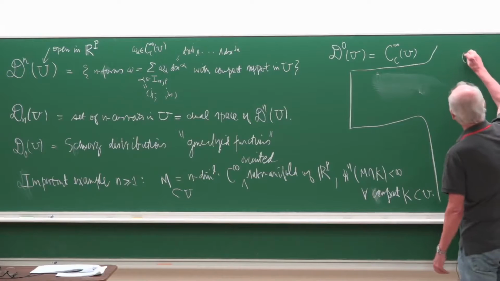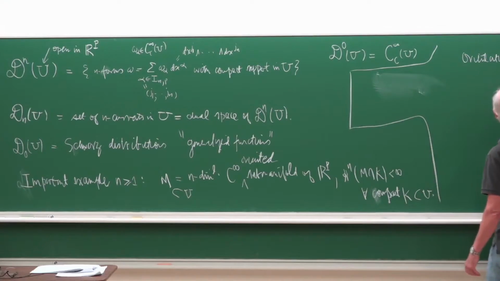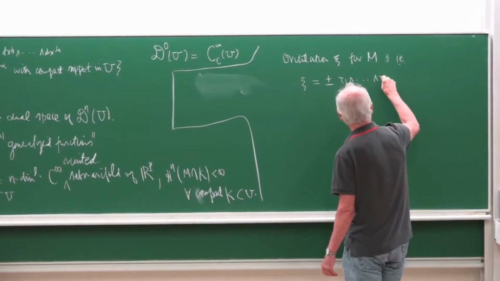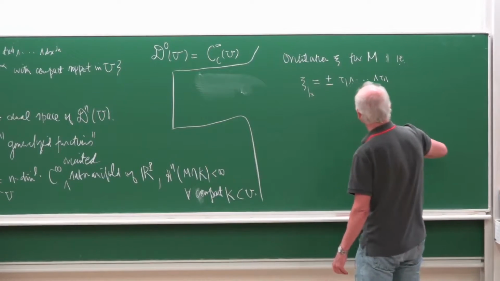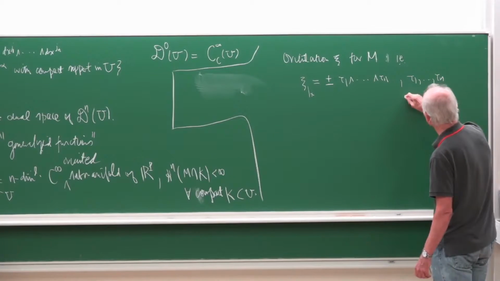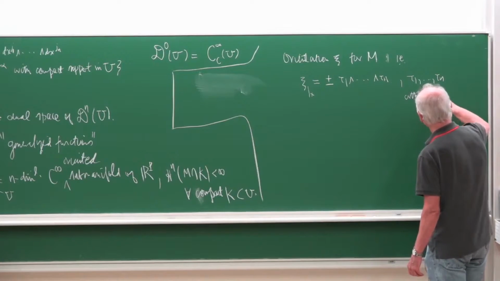So what's an orientation for M? Well, that just means that it's an n-vector xi equal to plus or minus tau_1 wedge up to tau_n at each point x in M, where tau_1 up to tau_n is an orthonormal basis for the tangent space.